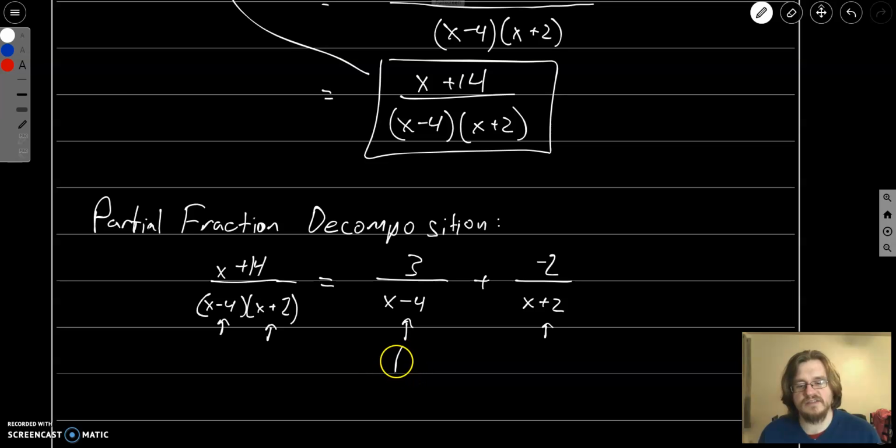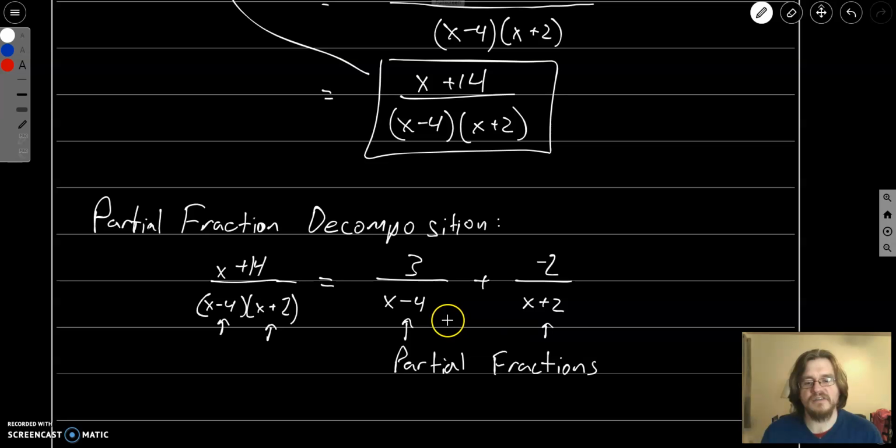These are known as partial fractions. What is partial about it? Well, they have only one part of the denominator of the original fraction. So we've taken our fraction and split it up into two smaller, in a sense, fractions, where the denominators are just individual parts of the original denominator.